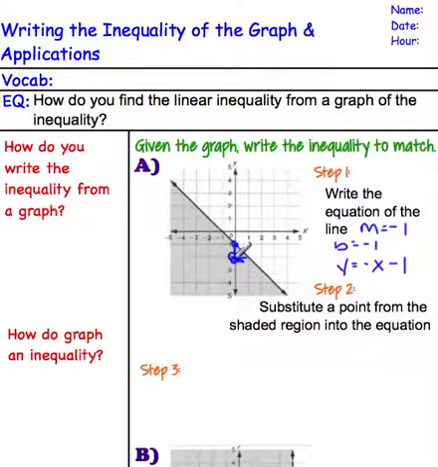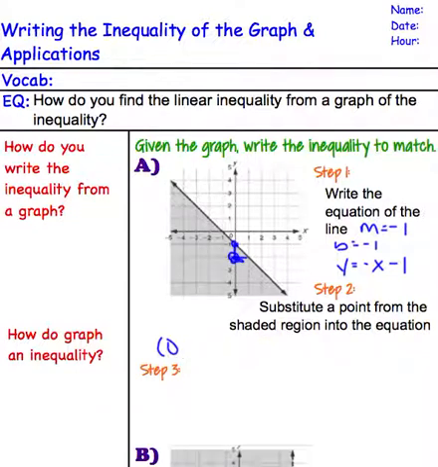You don't want to pick something that falls right on the line because that's not going to help you out at all. And so I'm using the point 0, -2, and so I will put in -2 for y... I apologize, that didn't go right.